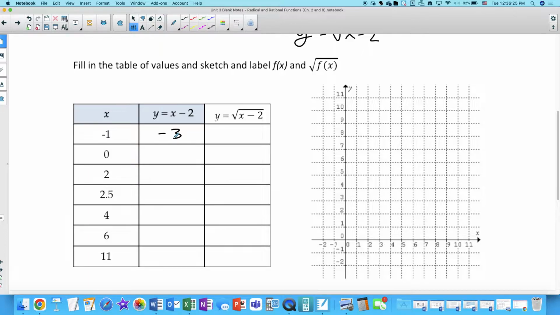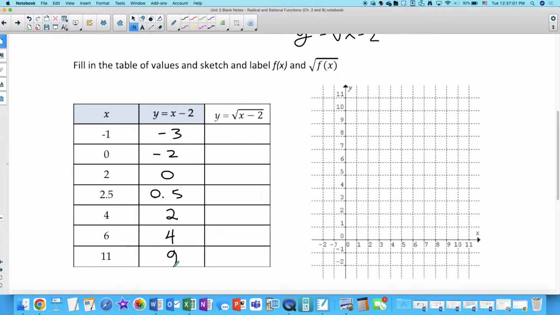If x is 0, y will be negative 2. If x is 2, what will y be? 0. Yeah. If x is 2.5, y will be 0.5. If x is 4, 4 minus 2 is 2. If x is 6, this will be 4. And if x is 11, this will be 9.